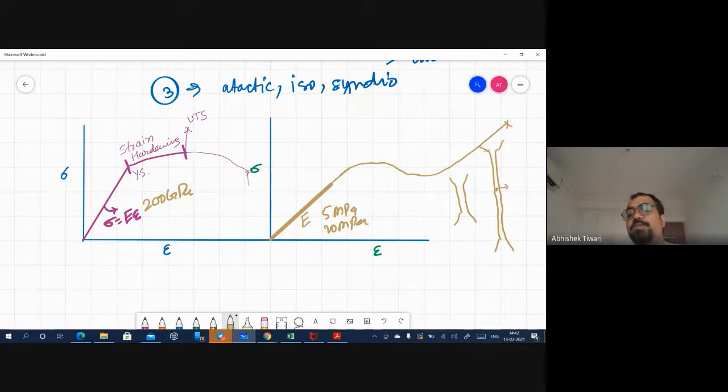The other observation which you might have seen is that as soon as they broke, the color came back to the original color, and the broken sample, if you put the pieces together, had almost the same dimension as what we started with initially. So it looked like the whole strain recovered after the deformation.